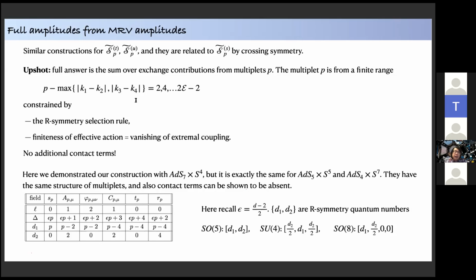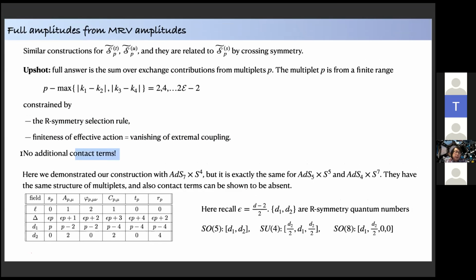And it's finite because of two things. The first is that we have R-symmetry selection rules at the cubic coupling, and the second is that we need to require that the effective action is finite, which is the same thing as saying the extremal couplings should vanish.